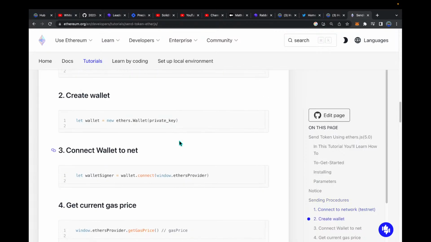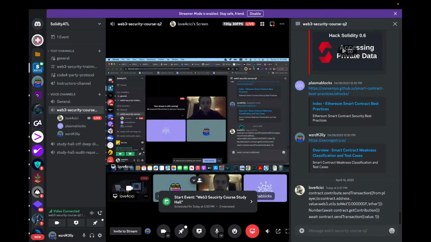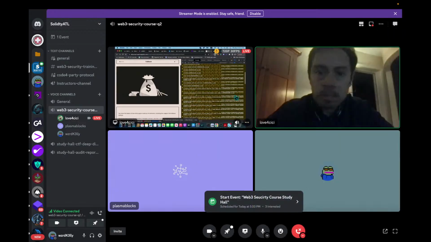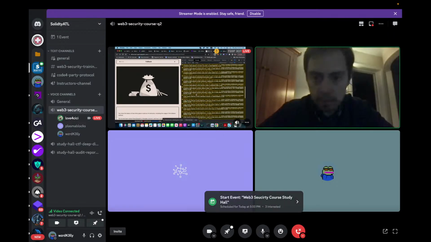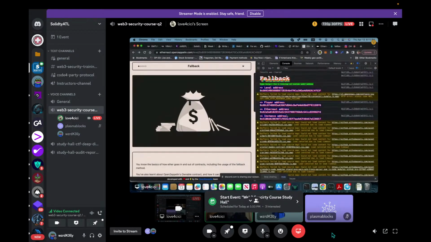Can you see it now? Yep, I can see it now. Yeah, this one. I did the fallback. But because I keep my screen open, it only shows these values. Can you see that?